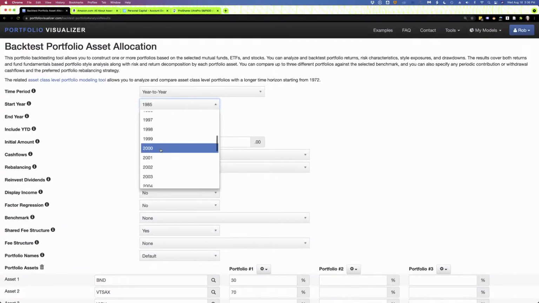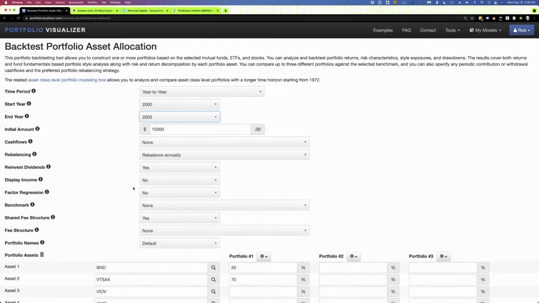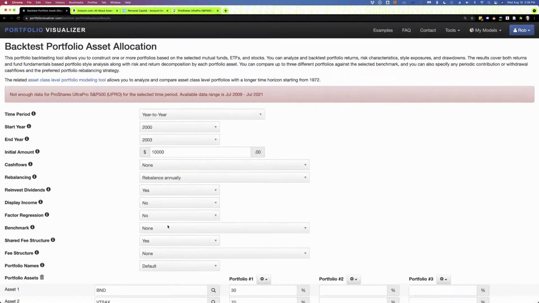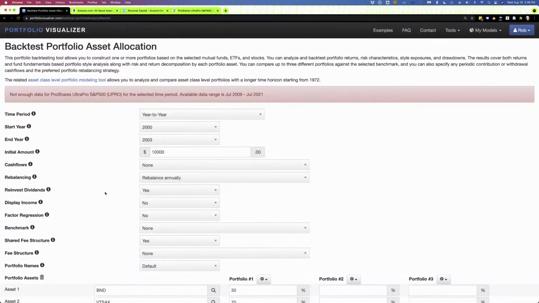The problem would be, for example, let's change the time period for a moment. Doesn't go back that far. The problem is, in a bad market, you're going to take a beating.